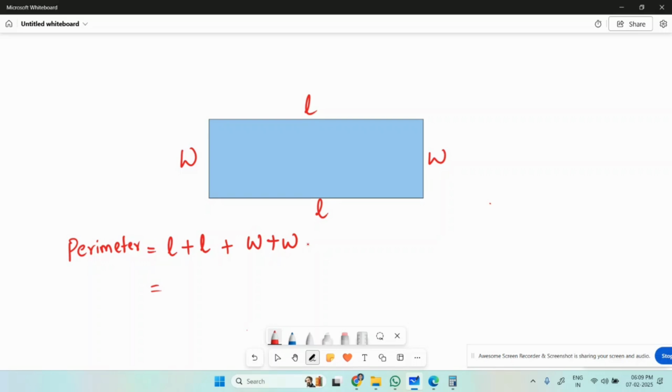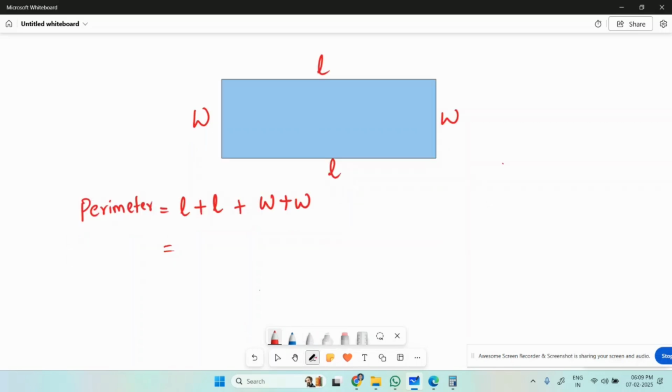How many times are we adding? We are adding 2 times length and 2 times width. Two lengths we have, two widths we have. So 2 is common for both length and width. So take 2 out, based on the distributive property. 2 times length plus width.